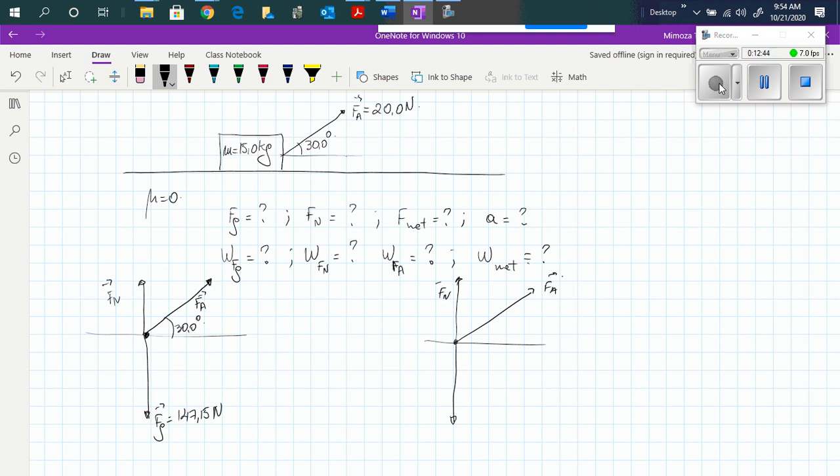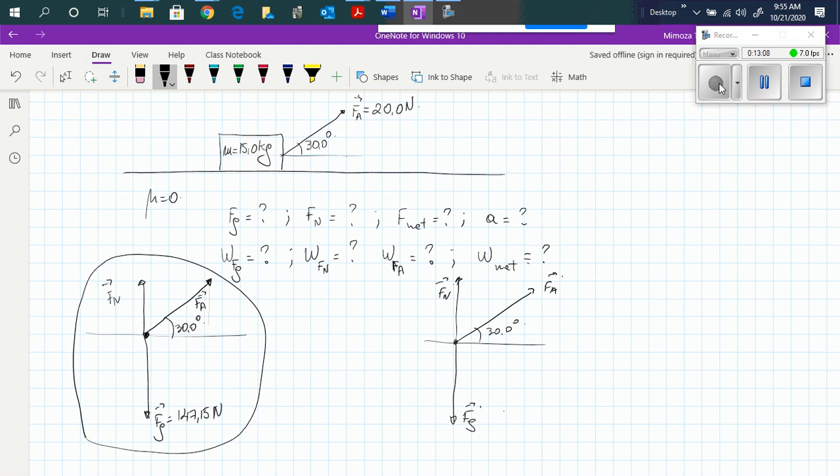So the force normal. The reason that the correct one is this one here is because the force normal is not almost the same as the force of gravity that we have here. Because we will see based on the calculation that it is not.